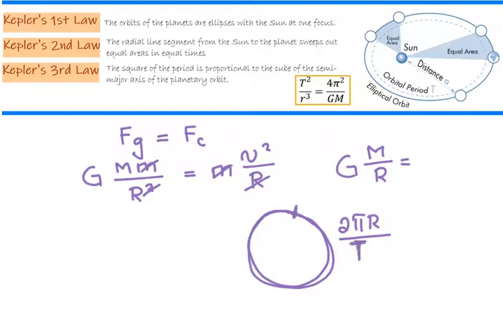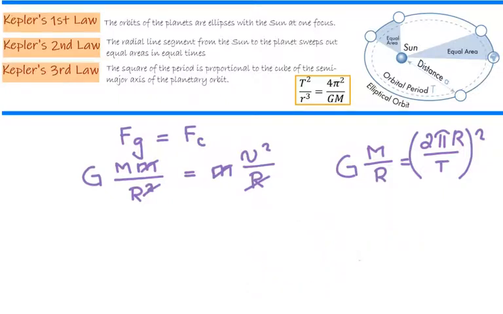So the velocity of an object is the distance over the time, and the distance is the circumference. So velocity squared will give me 2 pi r over the time, all of it squared, because that's the velocity of the object moving in a circular motion.